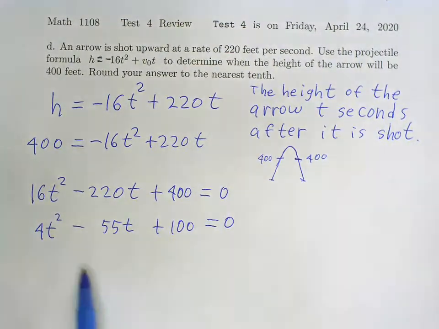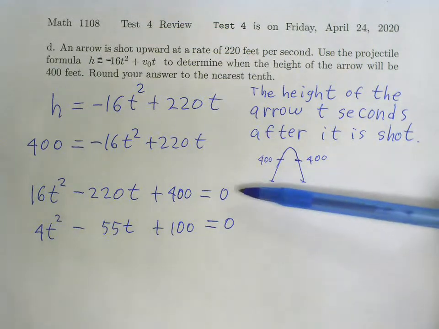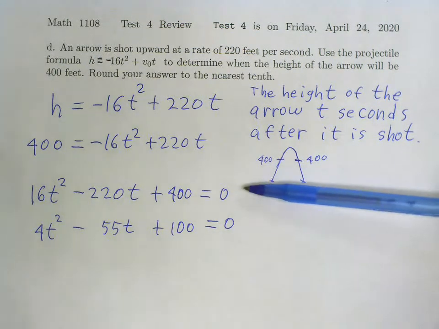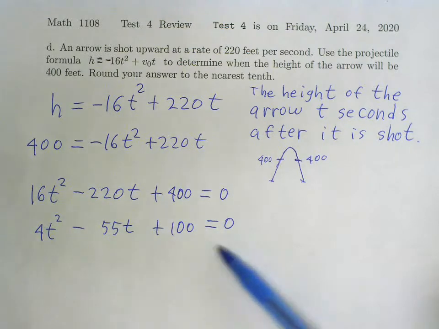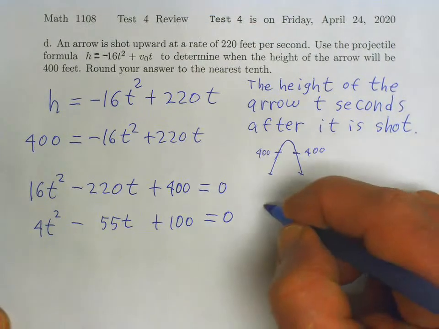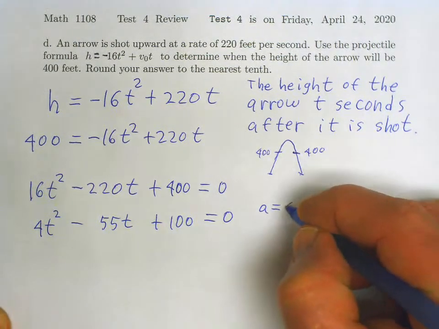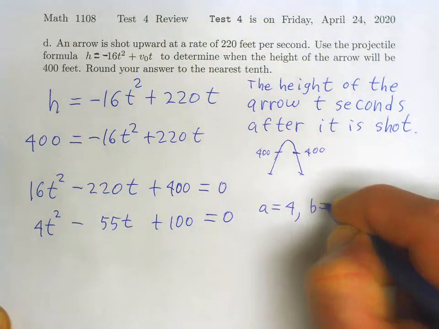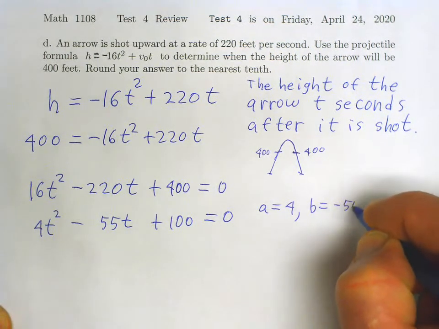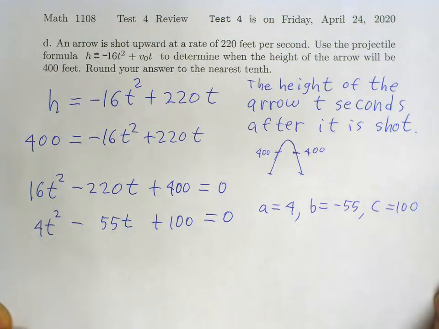And the solutions to this equation are the same as the solutions to the equation above it, but using smaller numbers will make the arithmetic simpler. So we'll go ahead and use the quadratic formula with a equals 4, b equals negative 55, and c equals 100.